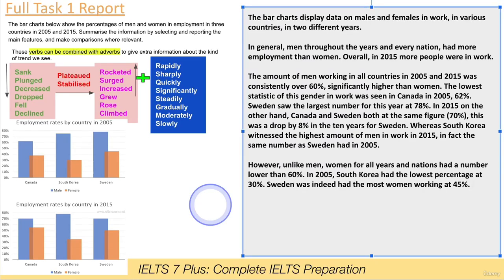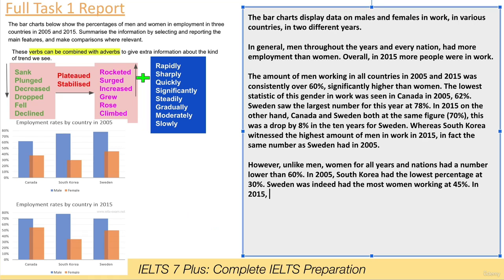Okay, let's go into 2015 then. So what happens here? South Korea is still the lowest. However, Canada surpasses Sweden to become the highest.